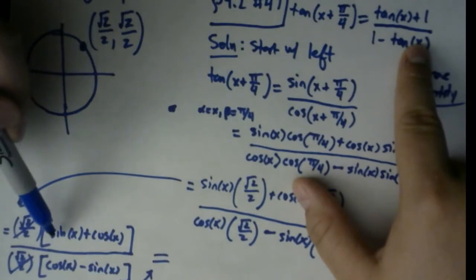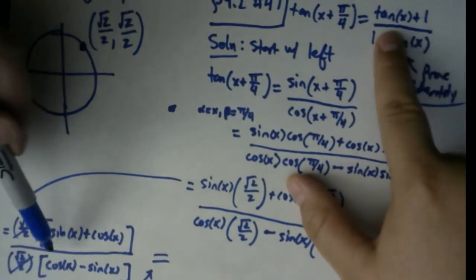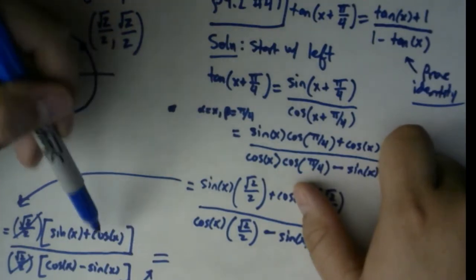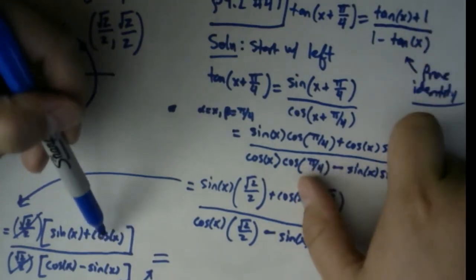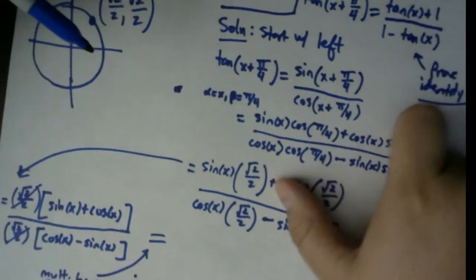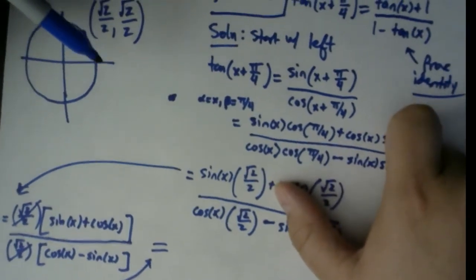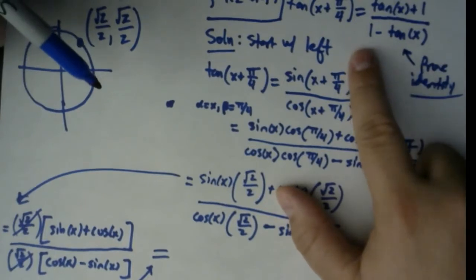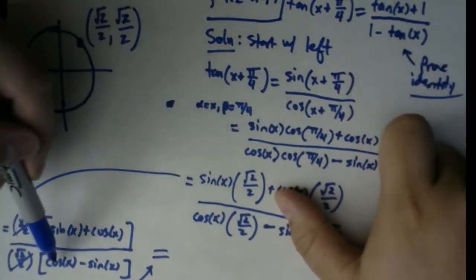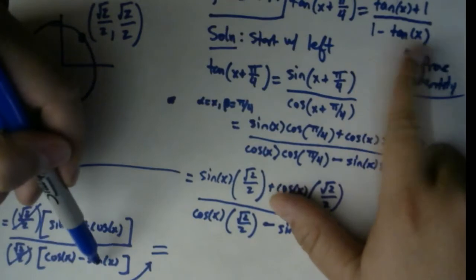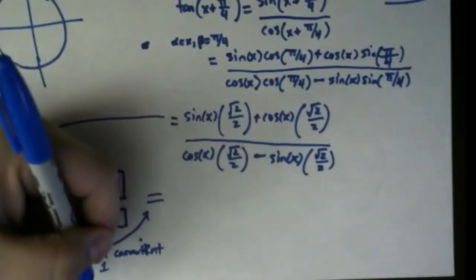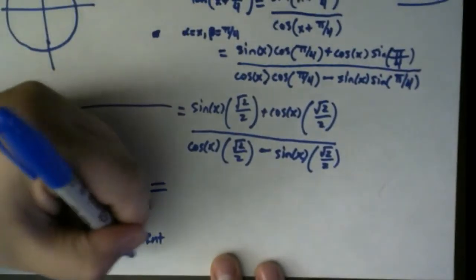The sine here needs a cosine on the bottom to become a tangent. And if I had a 1 over cosine in that numerator, that cosine there would become a 1. So if I could get a 1 over cosine on the top, I would get the correct numerator. If I had a 1 over cosine in the bottom, this cosine becomes that 1, and that sine would become that tangent. Neat trick.